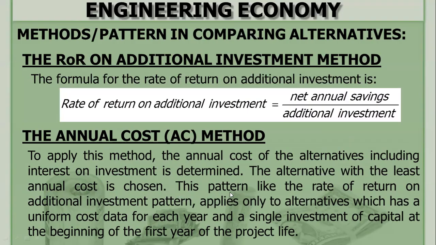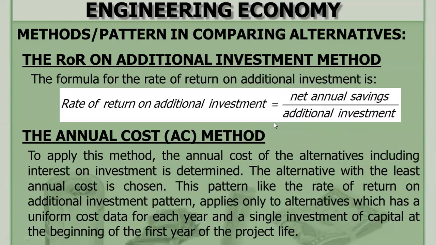So, this pattern, like the ROR on additional investment pattern, applies only to alternatives which has a uniform cost data for each year and a single investment of capital at the beginning of the first year of the project life.